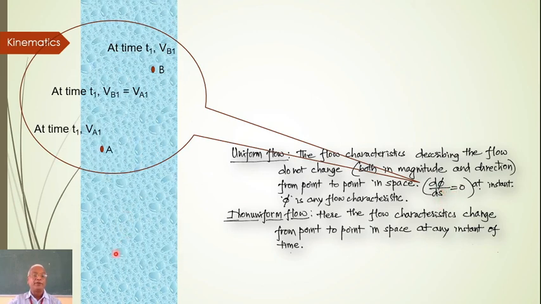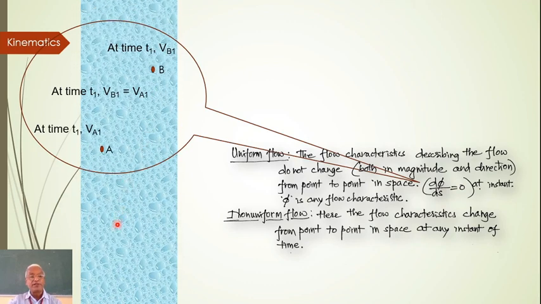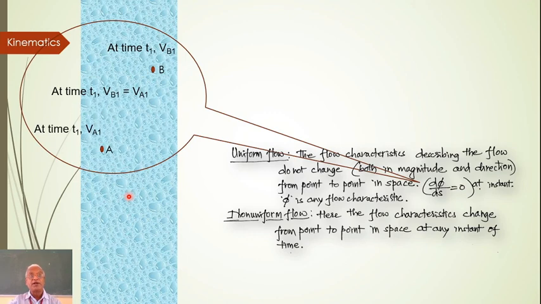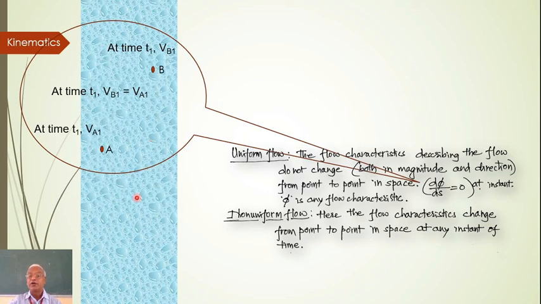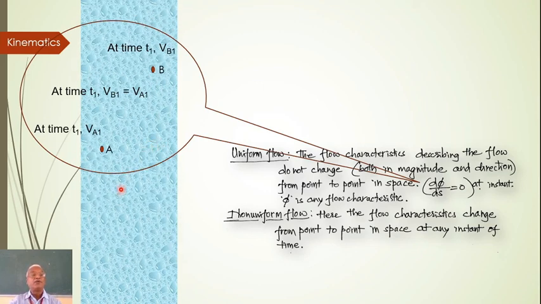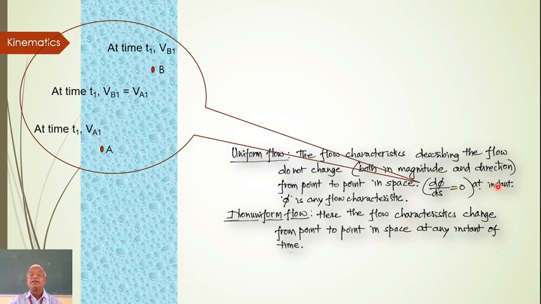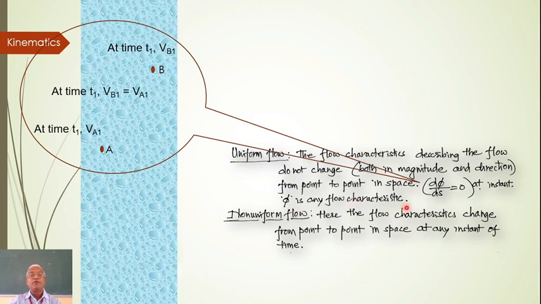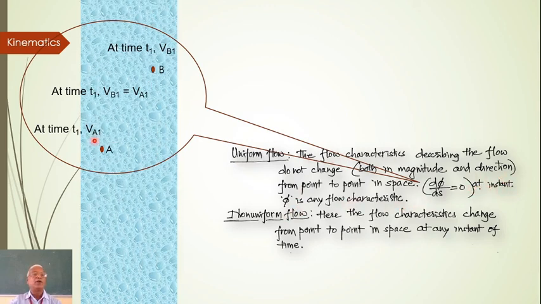Point to point, at different points in space, different points in a plane, or different points along a line, if the flow is occurring, and if you consider two different points, if the fluid characteristics are not changing, then it is considered as uniform flow. Phi is any fluid flow characteristic, and this is considered at one instant of time.